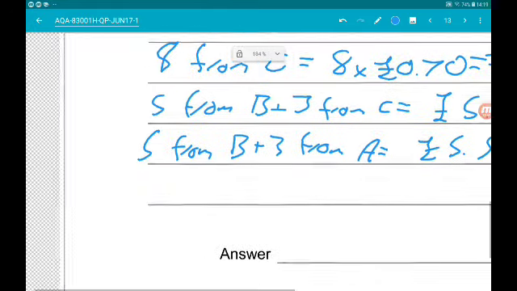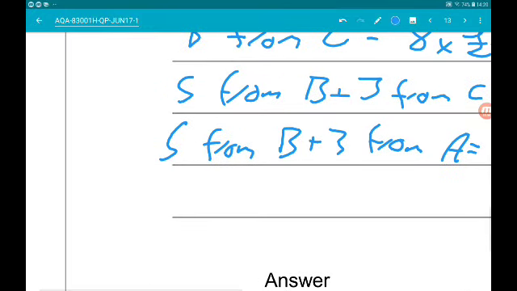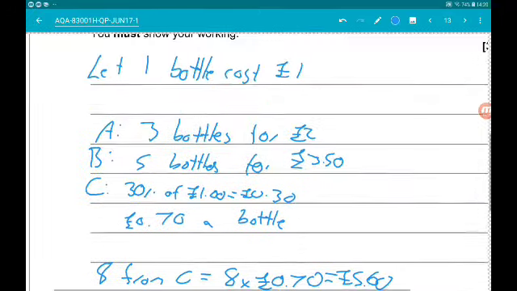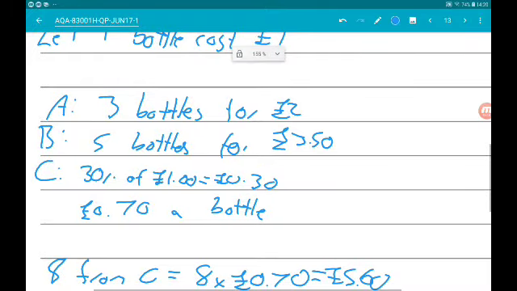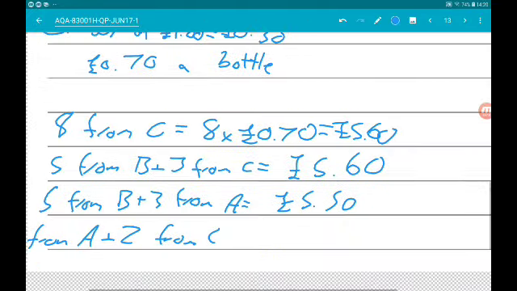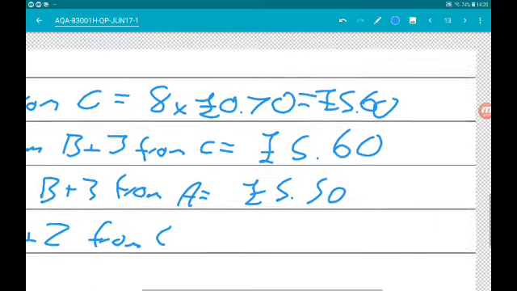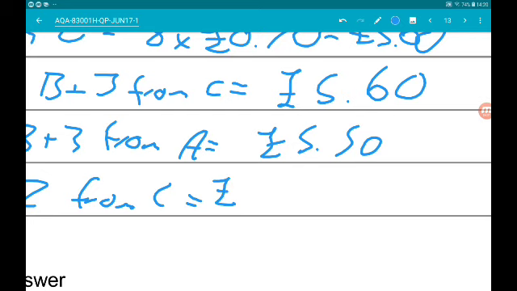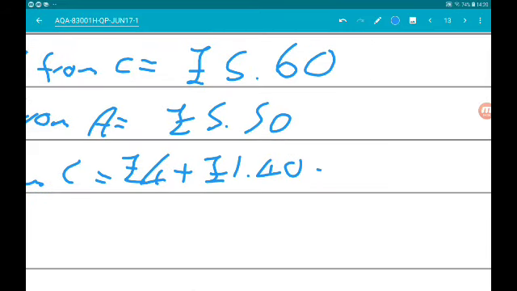We could get 2 lots of 3 from A, and then 2 from C. Now that's going to cost us, at A we can get 3 for £2, so 2 lots of that is going to be £4, and then we're going to get 2 from C, so that's going to be £4, add £1.40, and that's going to cost us £5.40.